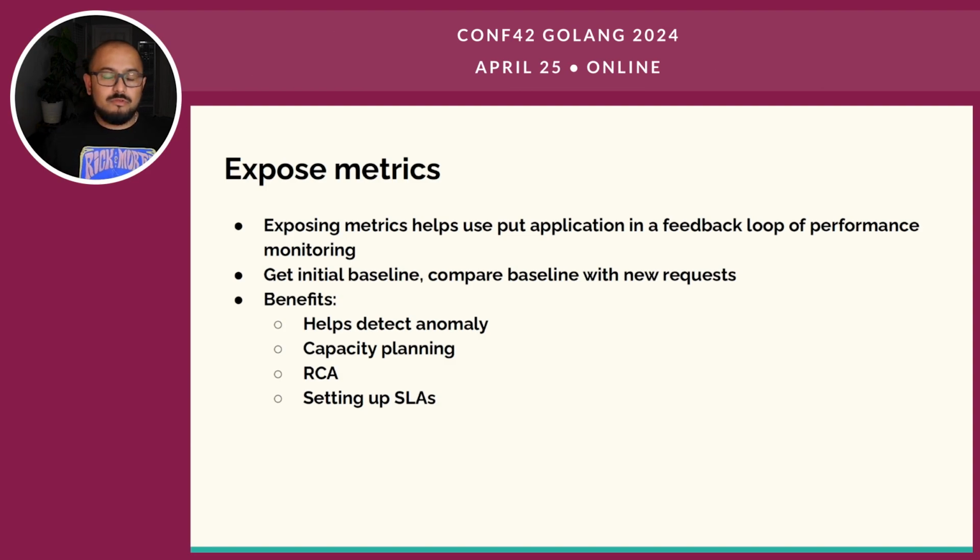That comparison can be used for a lot of different benefits, such as detecting anomalies, like if there is anything suspicious going on with the application. We can use it for capacity planning, to set up SLAs with other teams or our customers, and also as part of root cause analysis.